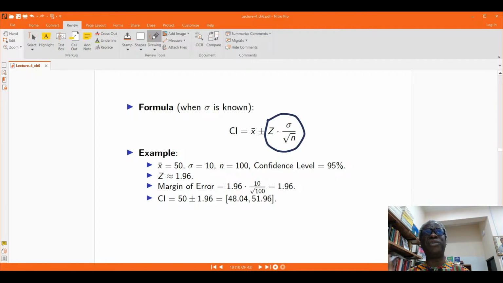We will still talk more about that later. The other thing you need is the sample size. Of course, that is trivial. It's easy to know your sample size, so you know how many samples you have taken. With all that, you can now substitute the sample mean in this case.